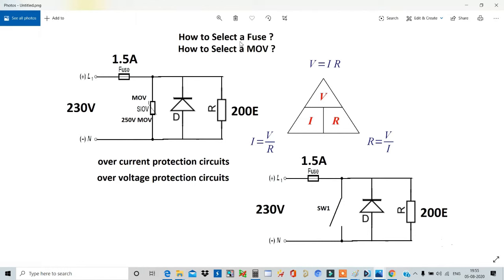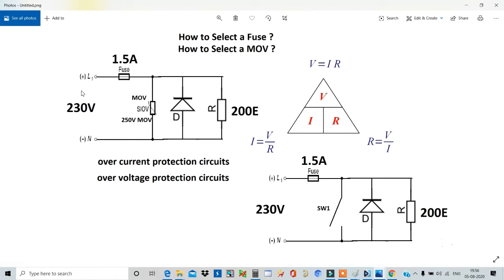For example, here you can see a 150 volt MOV provided across plus and minus. When high current comes to your fuse, the fuse breaks. Same here also, but this is for voltage, over voltage protection.